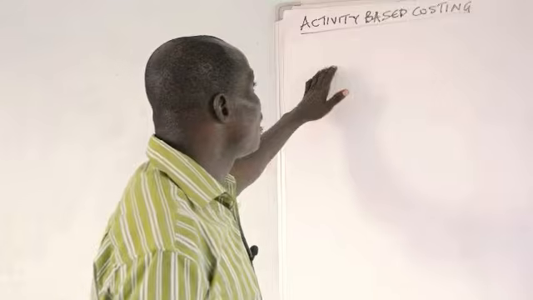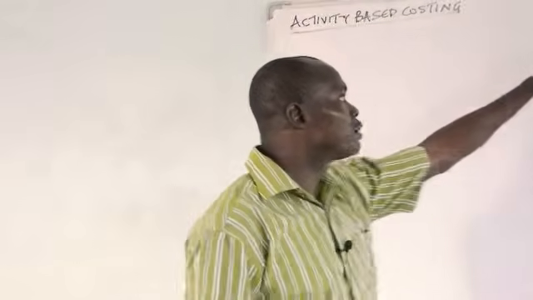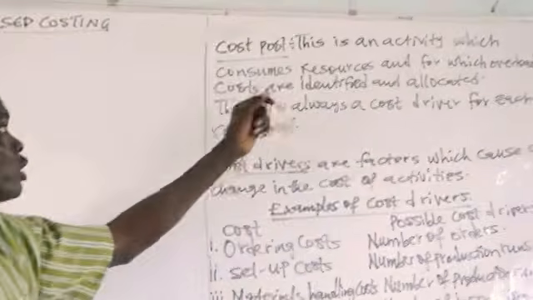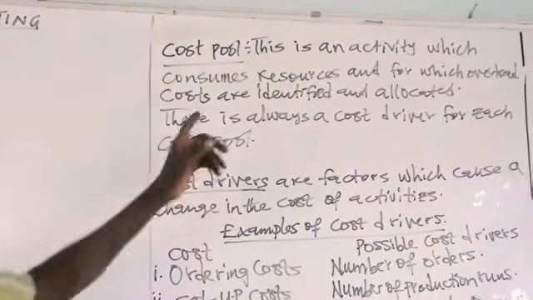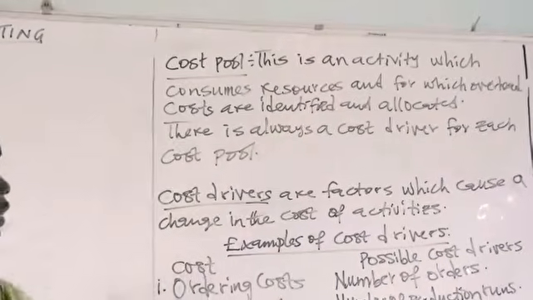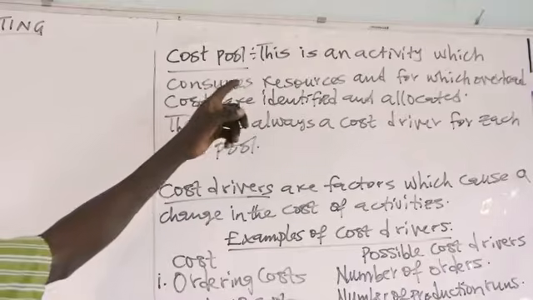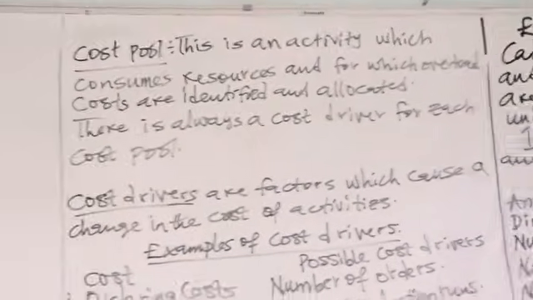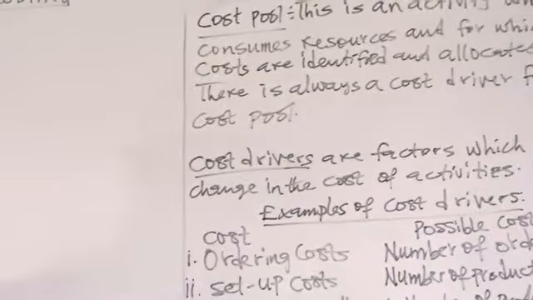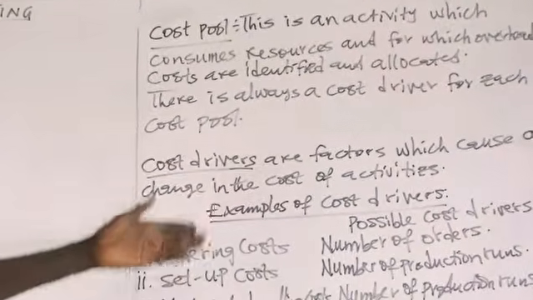So, what do we mean by the cost pool? Cost pool is an activity which consumes resources and for which overhead costs are identified and allocated.